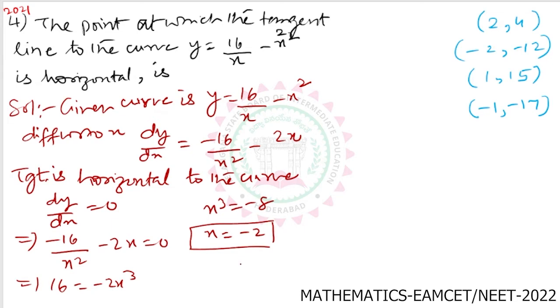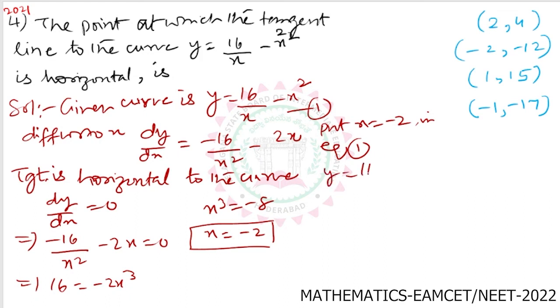So at x = −2, if I substitute in equation 1, I may get the value of y. Put x = −2 in equation 1.